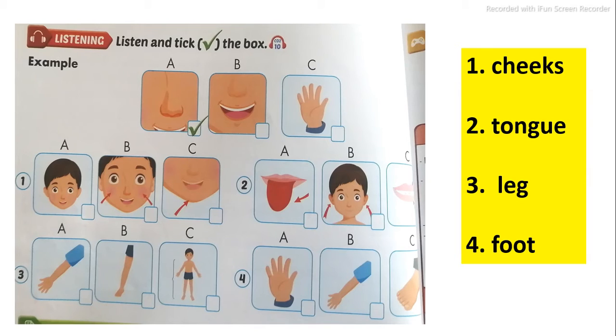Number 3 is leg. And number 4 is foot. So we got that: number 1, cheeks. Number 2, tongue. Number 3, leg. And number 4, foot.